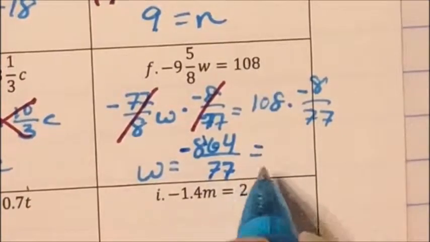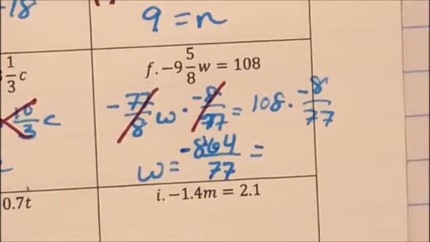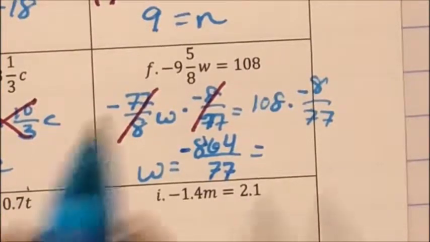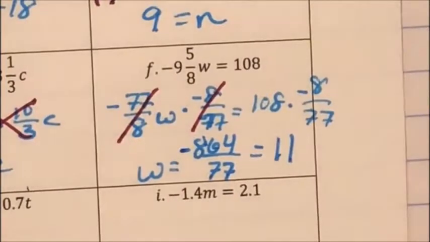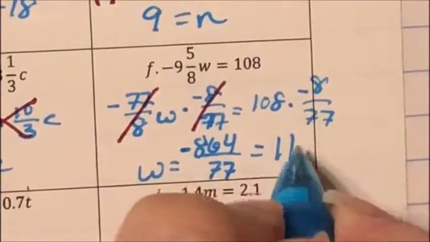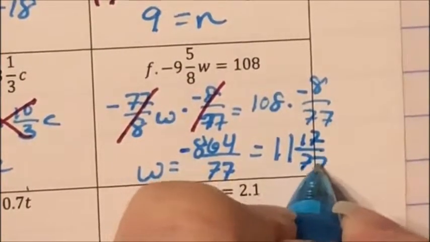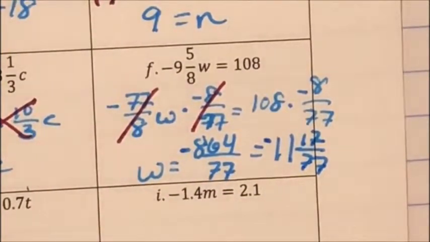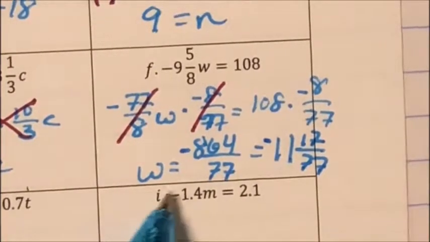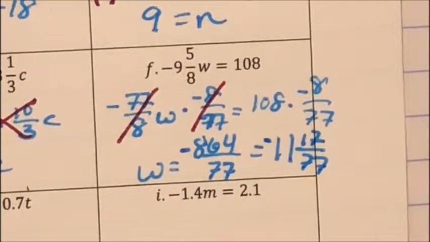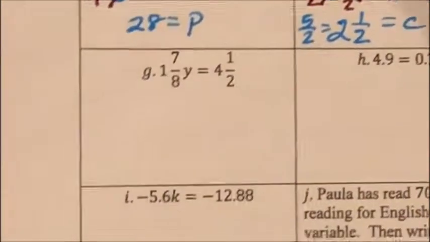Okay, this simplifies. 77 goes into 864 11 times, and I have 17 left over, so 17 77ths, and it is negative, so -11 and 17 77ths. You could also leave it as -864 over 77. Okay, either is correct. All right, then I have letter G.